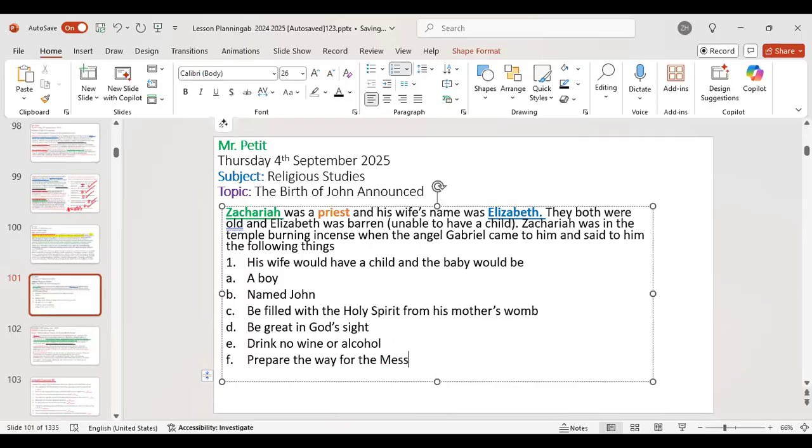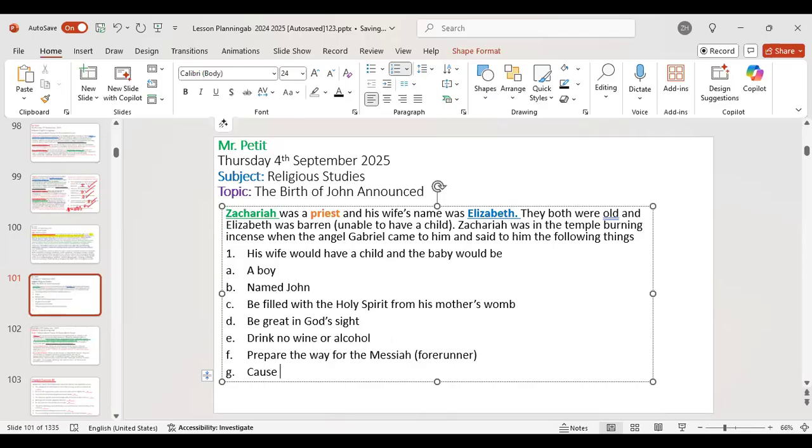So he would be basically the forerunner of the Messiah. That means he's preparing the people's hearts for the Messiah, right? He would cause many Israelites to turn back to God.